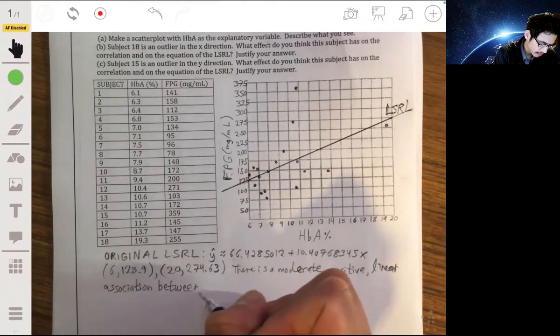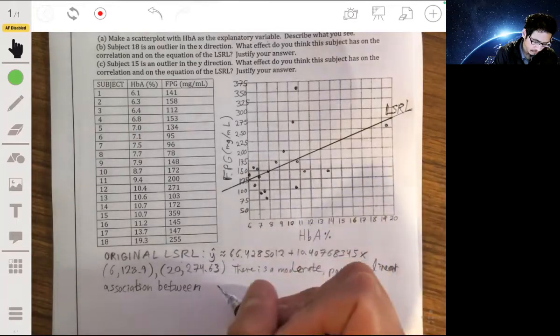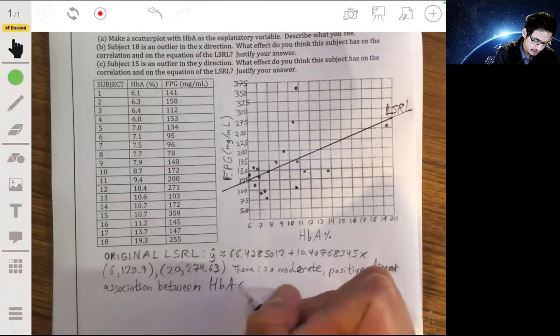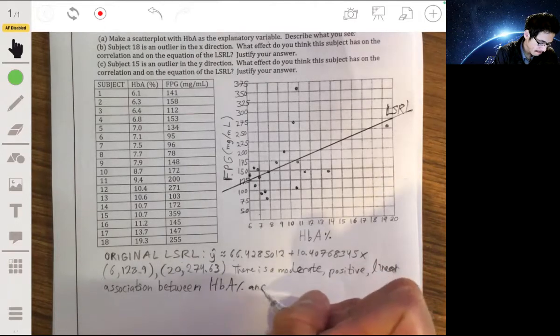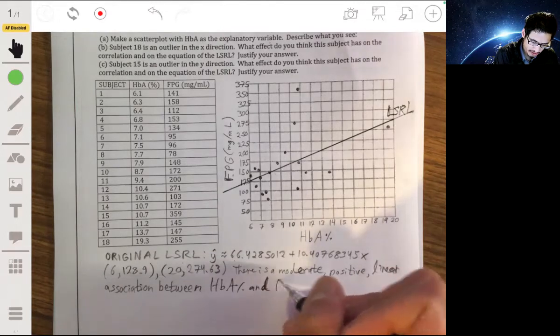between HbA percentage and, geez, that's not quadrant, and FPG.